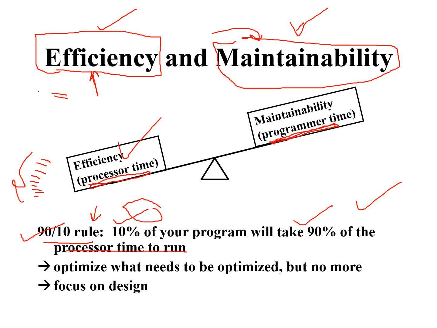Then it optimizes what needs to be optimized, but no more. Whatever needs to be optimized, it optimizes. I don't know if it can be explained in even simpler English.